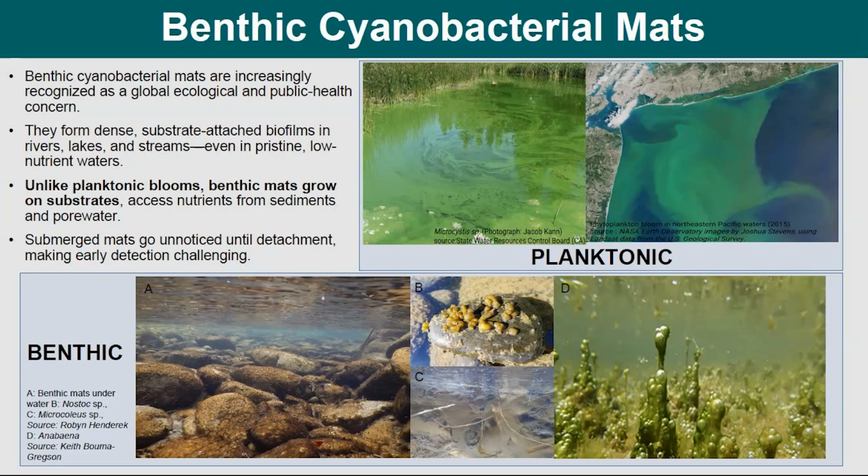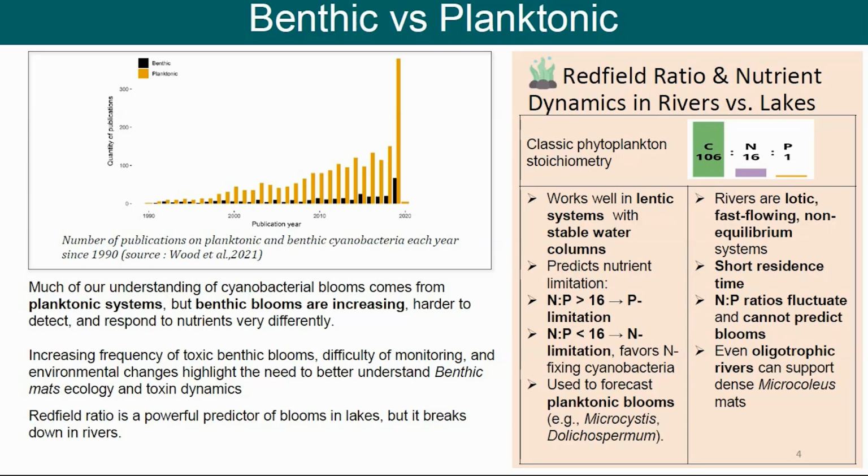So a bit about the research aspect when it comes to benthic versus planktonic. A lot has been done when we talk about planktonic cyanobacteria, thousands of papers, manuscripts, reports have come out over the last 3 decades. But as this picture shows, not much for benthic. In the last 5 to 6 years, you start seeing publications related to benthic cyanobacteria.